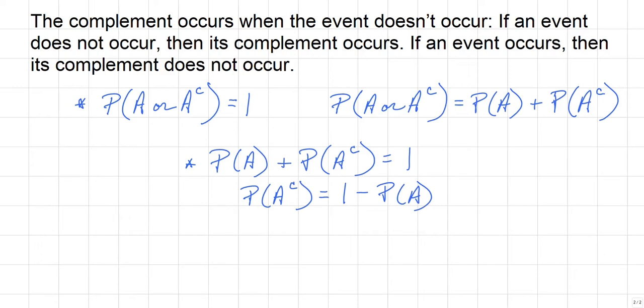Because if it's a probability distribution and they are mutually exclusive events, I know that the sum of the probabilities has to be equal to 1. And since we're only talking about 2 events here, it's relatively easy to calculate these. This is what we call the rule of complements.